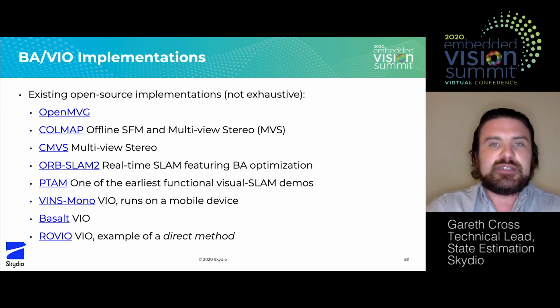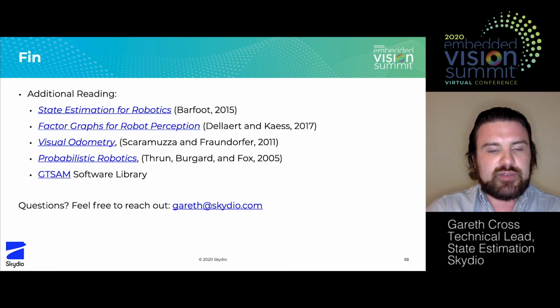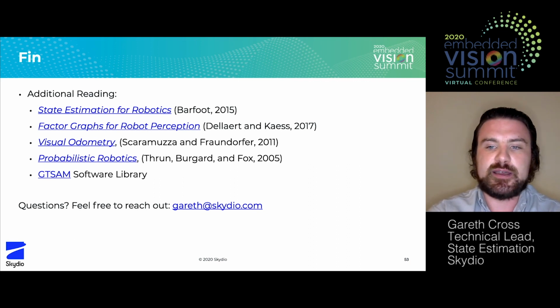And then last but not least, I have some links here for follow-up reading. Again, I highly recommend Tim Barfoot's book, State Estimation for Robotics, if you want implementation details or to understand how the nonlinear optimization has a probabilistic interpretation, or how it solves the SLAM problem at all.